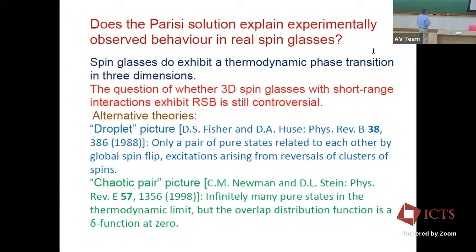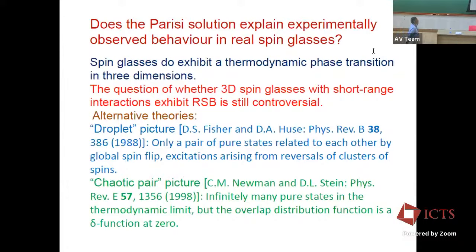So then the question arises, let's say now we consider only the 3D spin glass with short range interactions, where there is a spin glass phase. The question is whether that spin glass phase has the properties that we have just discussed for the SK model, Sherrington-Kirkpatrick model. In other words, the properties that are of course quite non-trivial, this landscape, that there are a huge number of local minima of the free energy.